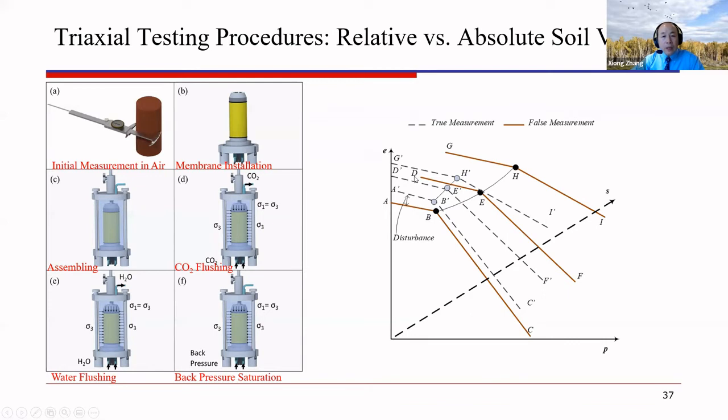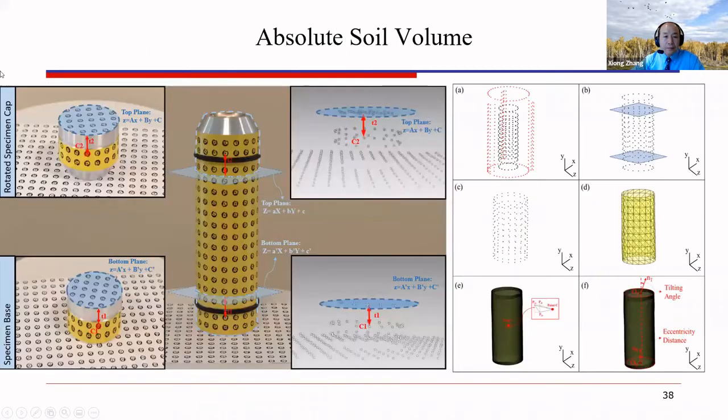So you do care about the absolute volume of the soil during testing. So we developed, by an analyst PhD student named Sarah Fiat, a method to calculate the absolute volume of the soil.